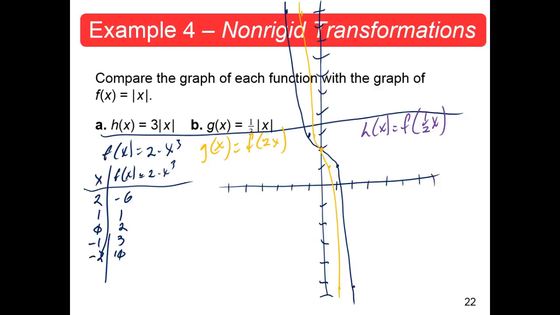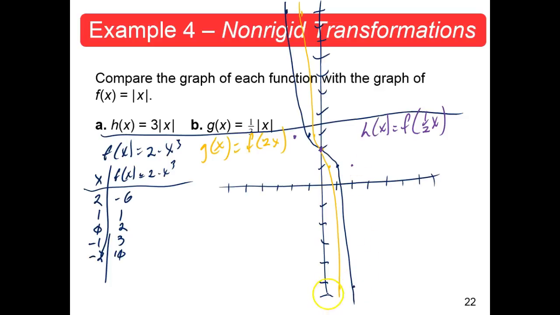So the 0 stays 0, the y stays the same. But this one that was a 1, 1, now it's a 2, 1. It doubles the x, but keeps the y the same. Up here it's a negative 1, 3, so it becomes a negative 2, 3. Doubling the x, keeping the y the same.